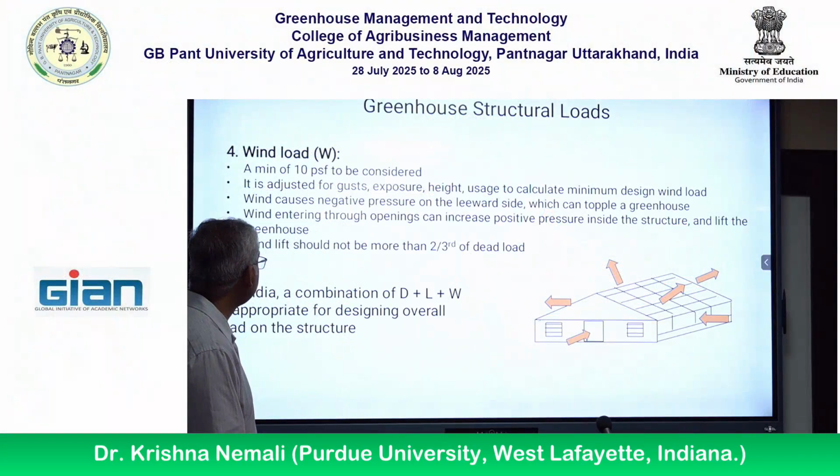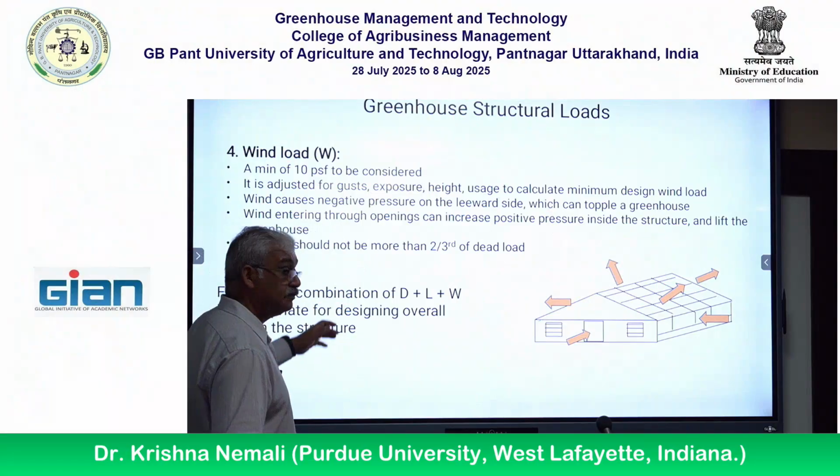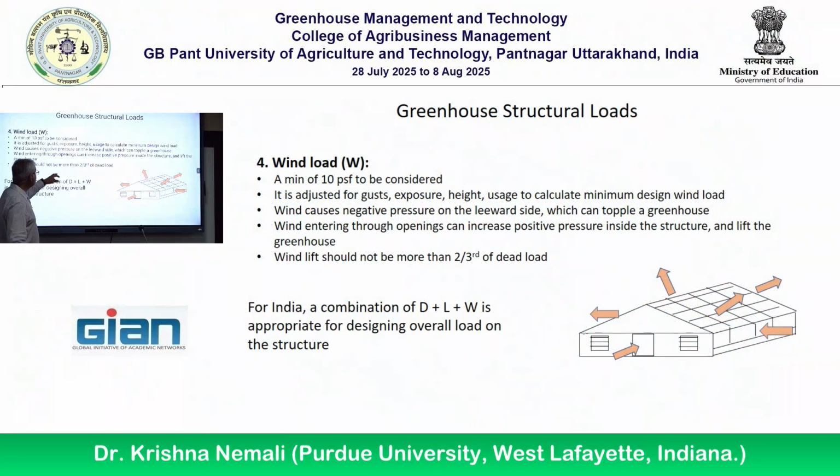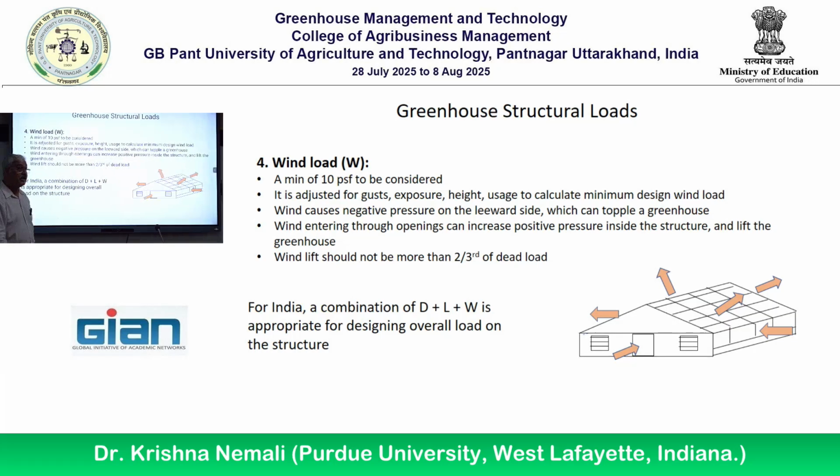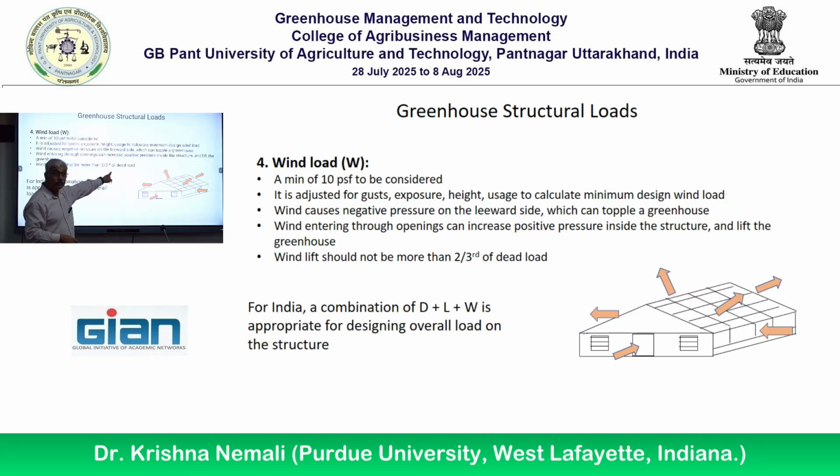Okay? Wind lift, which means the force of the wind, should not be more than 2/3 of the dead load in your area. Let's say your area gets 15 kilometers per hour. You can calculate wind lift from that, and from that you can calculate the dead load requirement. What I'm saying is that your dead load, the permanent weight of the structure, should be more than that wind lift. The wind lift should never be more than 2/3 of the dead load.